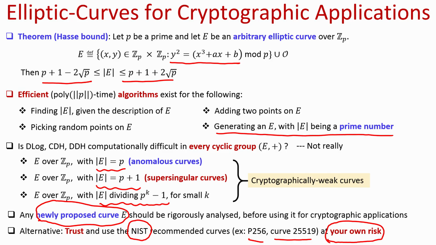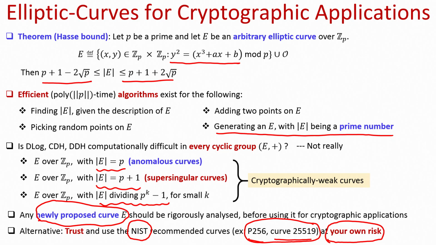That is why the government, for such critical applications, pushes to come up with new curves, analyze them, and use them for instantiating the cryptographic primitives. But it turns out that for many practical purposes, the NIST curves are very popularly used for instantiating cyclic groups for cryptographic primitives.